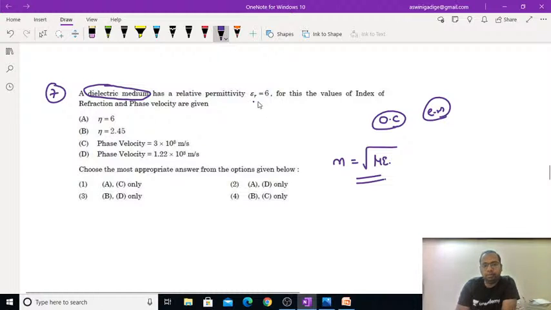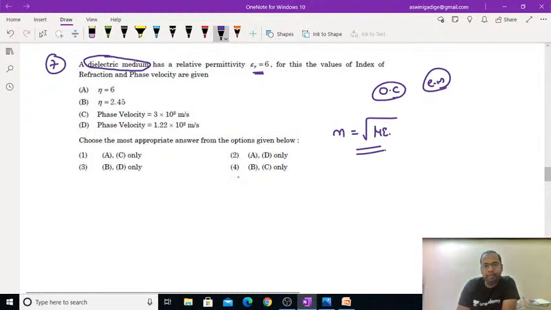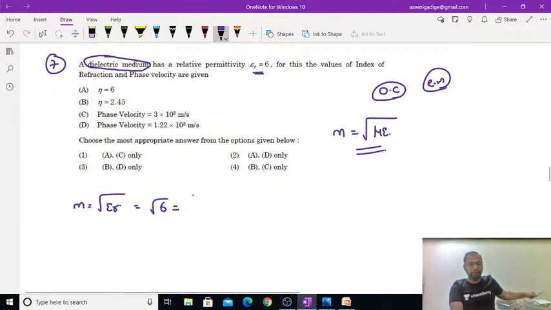So based upon the given data, the refractive index of the medium, n, I am taking as square root of epsilon r, and that becomes root 6. So what is the root 6 value, guys? Root 6, I got as 2.44.